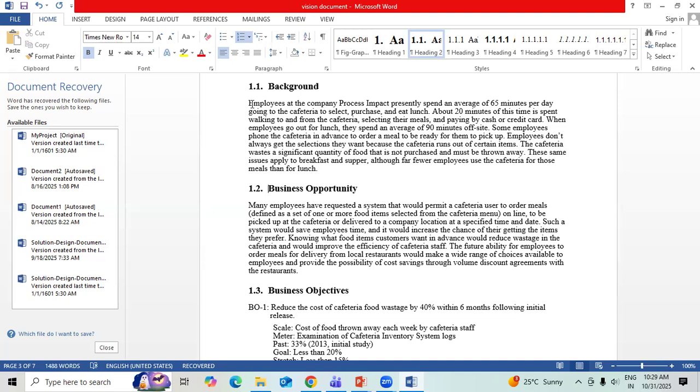We have to track how many people have ordered so far, how much food was delivered by the team, and how much time we have taken. The satisfaction level of the employees who received the food, in terms of quality and timely delivery, and how this can be improved if there is any lag, are all considered business opportunities.